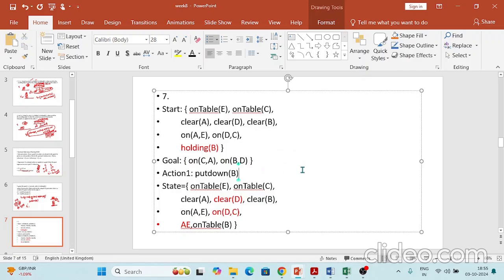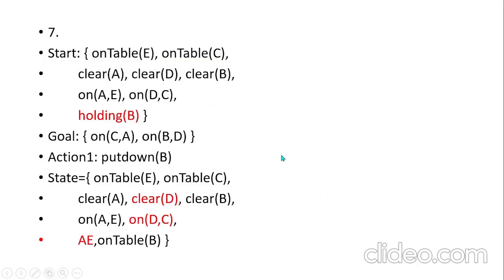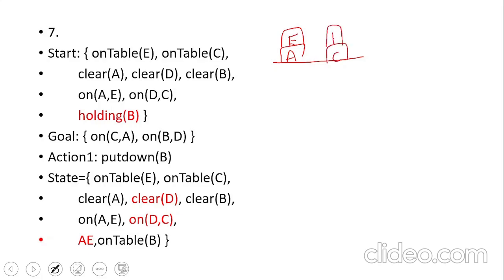Now the first action: it is holding B. If we draw this, we are having A, E, C, D and B, holding B. This is our start state.